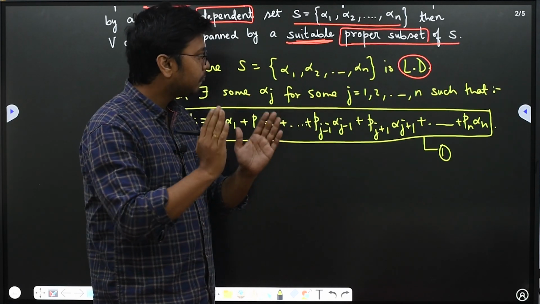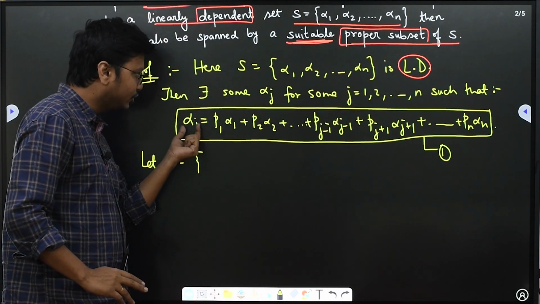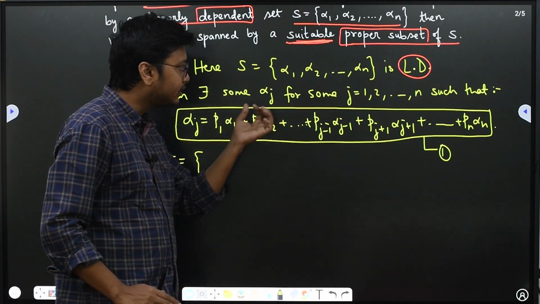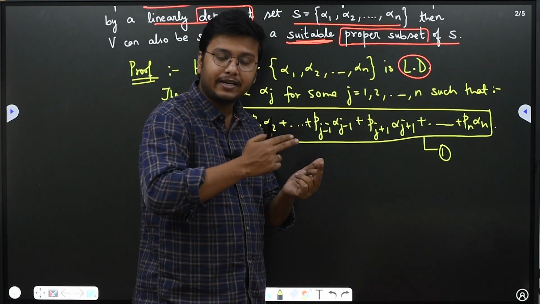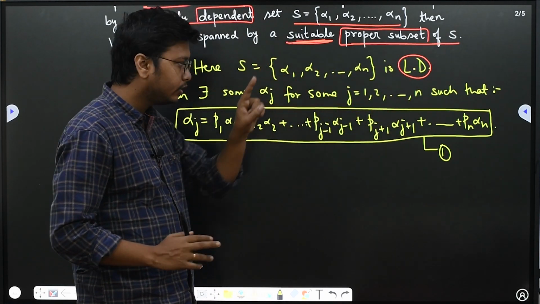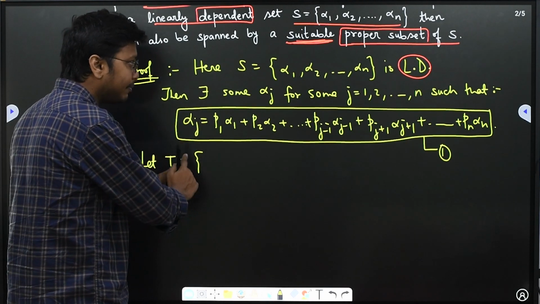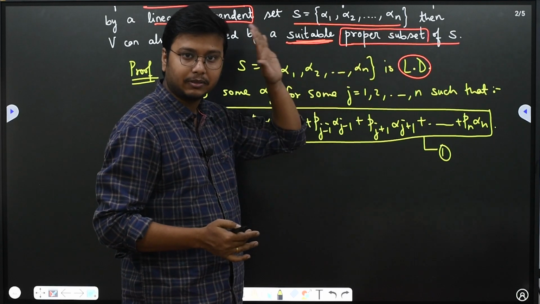The way of choosing the proper subset is by deleting this jth element corresponding to which the constant was non-zero in the linearly dependent condition. That corresponding element you can delete from the S set, and that will help you create the proper subset of S.